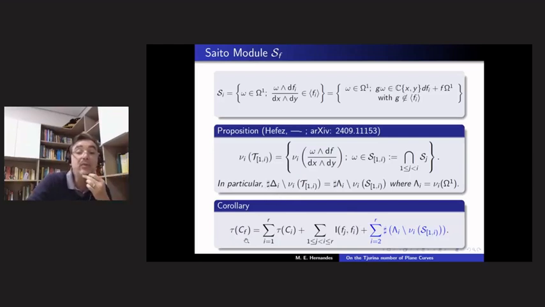The Tjurina number of the reducible curve is the sum of the Tjurina numbers of each branch, plus the sum of the intersection multiplicities between two distinct branches, plus the sum of the cardinality of this one.